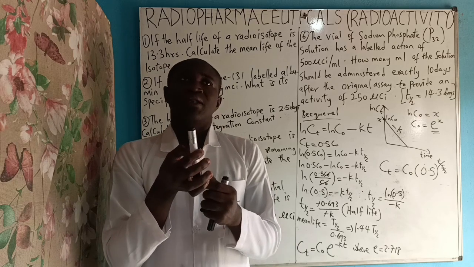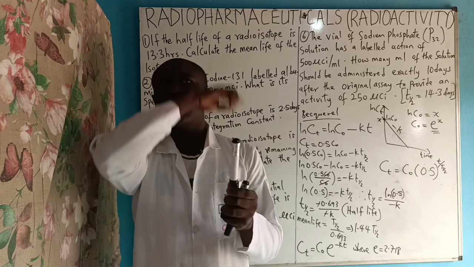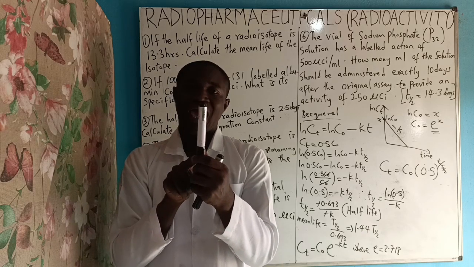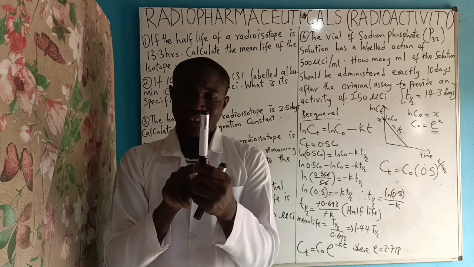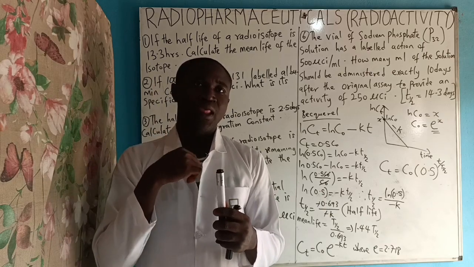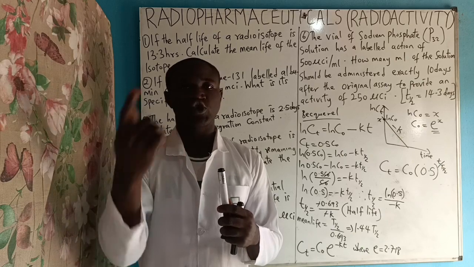If you get to another 10 days, the remaining half will also decay, and half of it will remain. Are you getting it? And so, the question is, if the half-life is 10 days, how much of it will decay when it is 2 days?